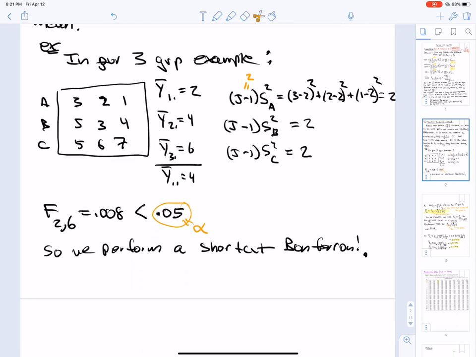In our three-group example, we ended up rejecting the null.